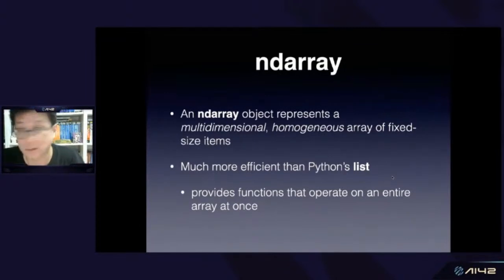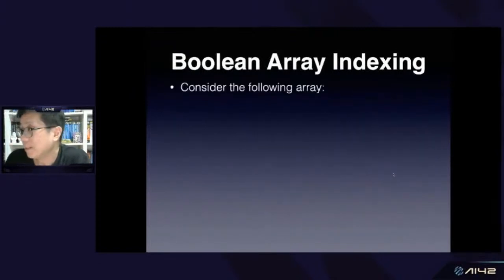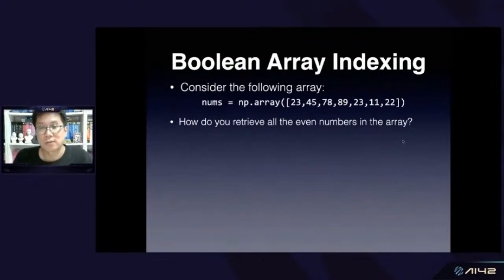So let's take a look at one example. Let's talk about this topic called Boolean array indexing. Consider the following array. I have an array of the following elements, 23, 45, 78, and so on and so forth. And so the typical question is, how do you retrieve all the even numbers in the array? Now, if you come from the traditional programming camp, like C#, Java, or C, what you would typically do is maybe write a loop, and for each item in the loop, check the value.